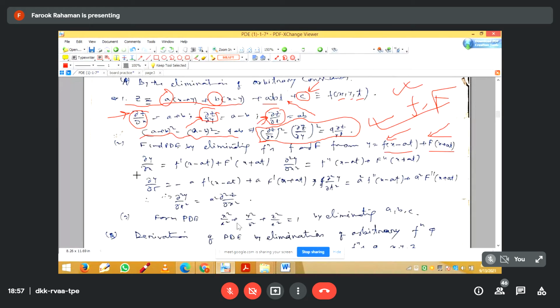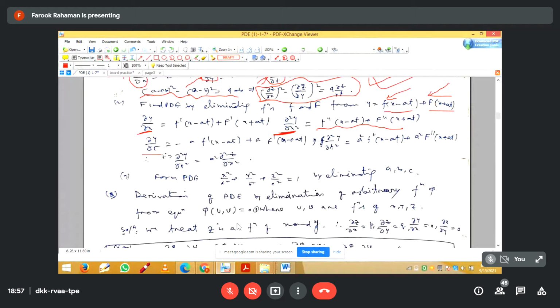Just differentiate with respect to x first. Again differentiate with respect to x. Clear? One will get this one. Now differentiate with respect to t, differentiate with respect to t twice. One will get this. Now from these two equations, one can easily eliminate the small f and capital F by using some algebra.